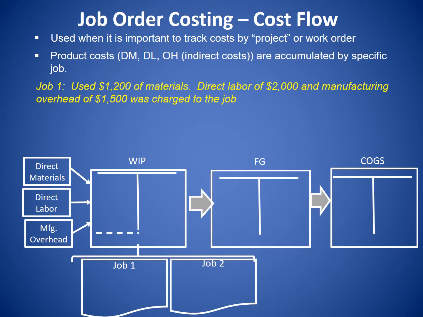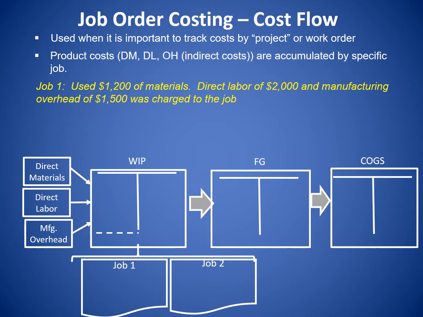Now we're going to take a few minutes and go over job order costing and cost flow. Typically, we use job order costing when it's important to track costs by project or work order. Basically, product costs are accumulated by specific job, and we typically accumulate our product costs by materials, labor, and overhead.